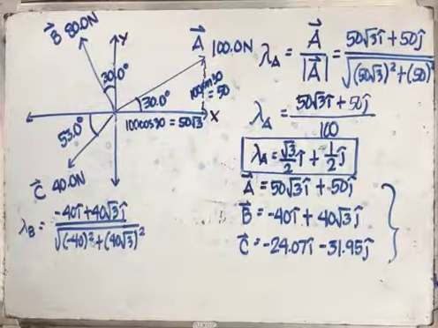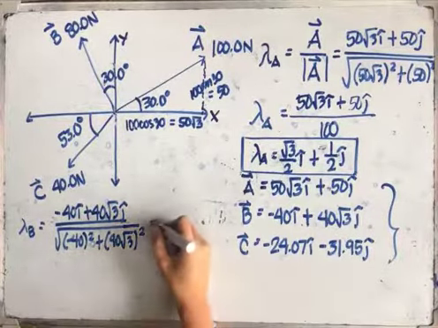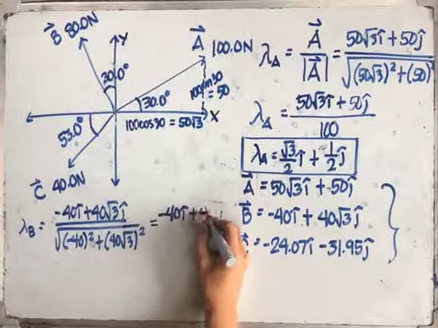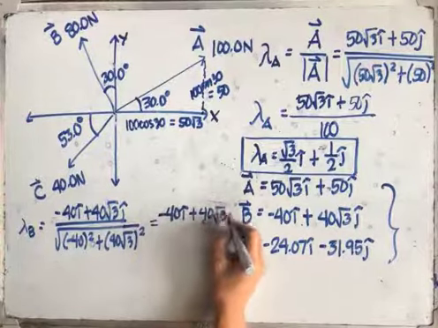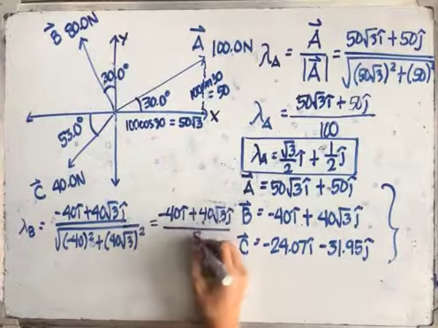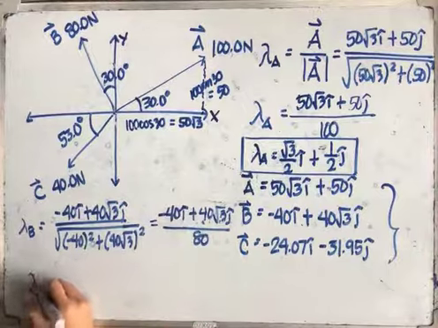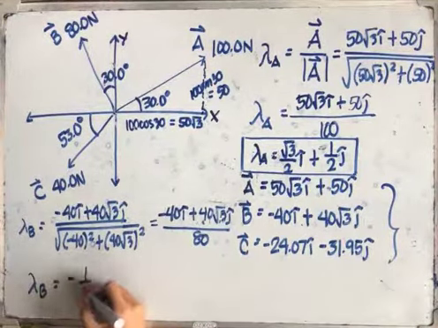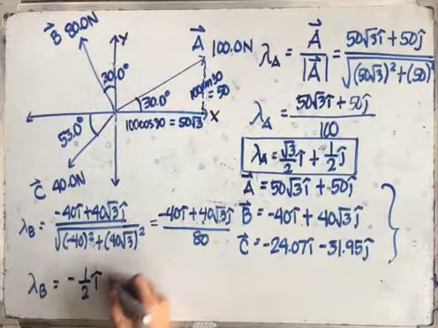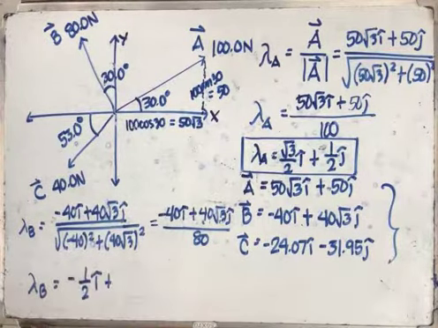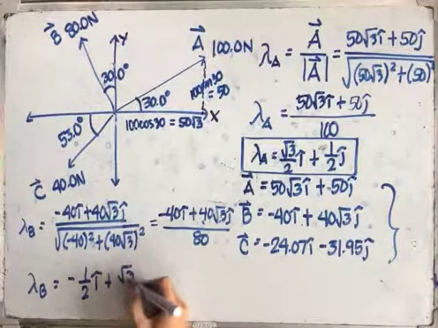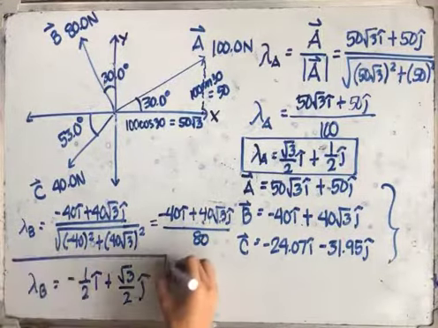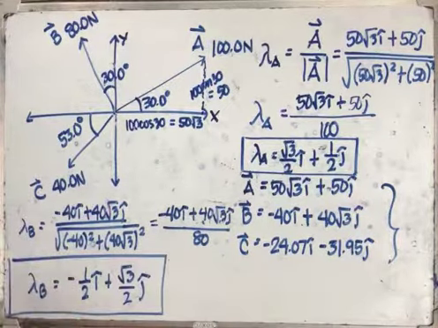Your magnitude is 80. So this would give you negative 40 I hat plus 40 square root of 3 J hat over 80. So, i-divide mo siya. Unit vector ng B natin would be negative 1/2 I hat plus, how much is this? Square root of 3 over 2 J. So this is your unit vector for B.